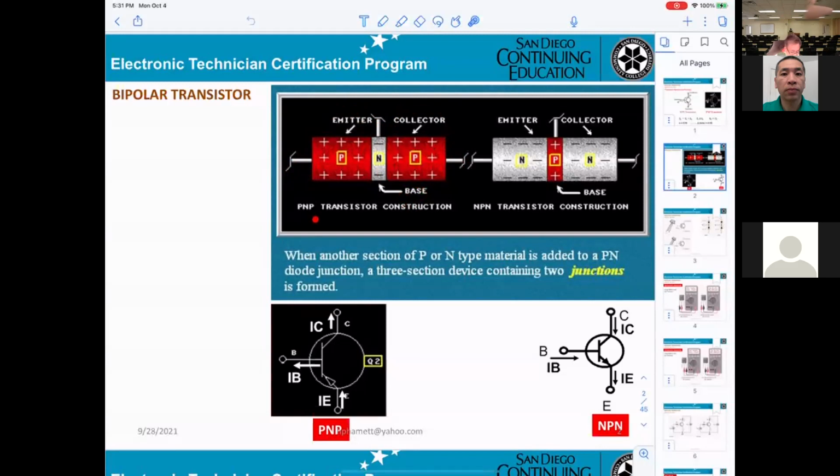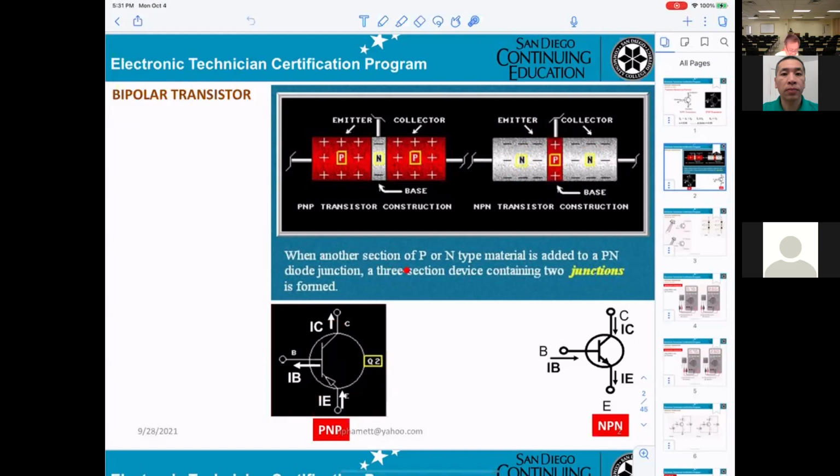That will be the PNP construction. And now for NPN, it is just the opposite. This is the N side, and P side in the middle. So you get an emitter here, collector here, and the base. Okay, so this is the symbol here.